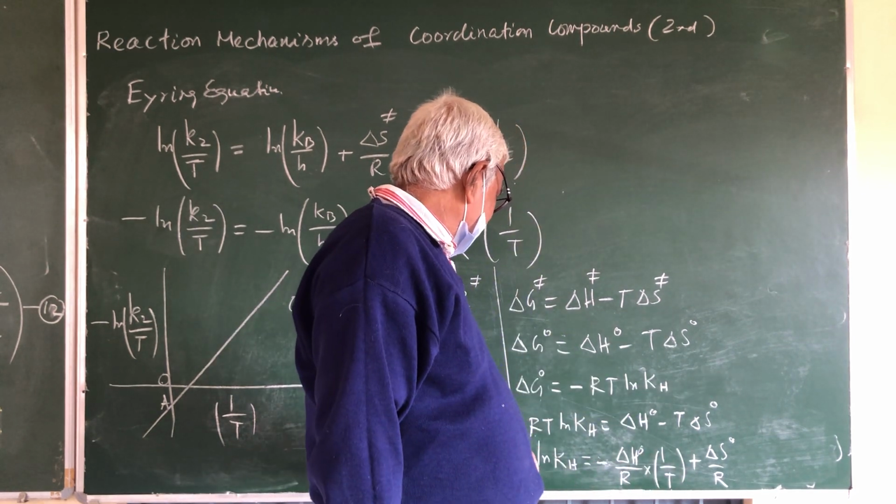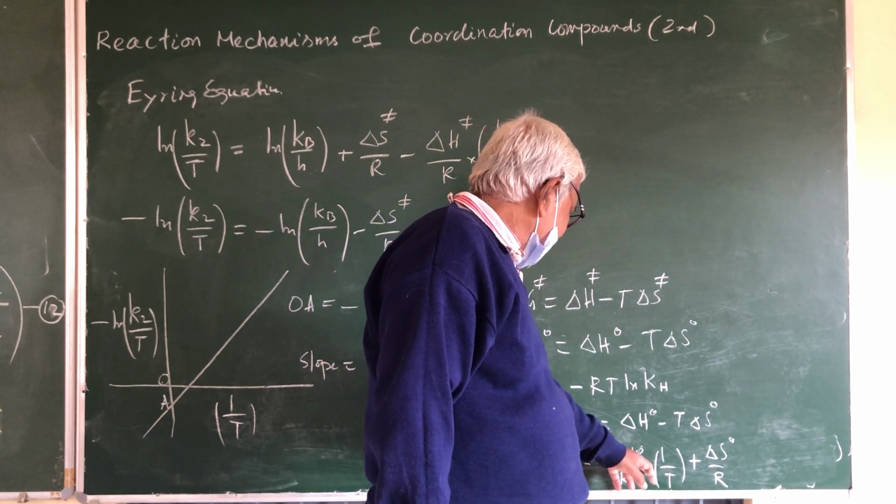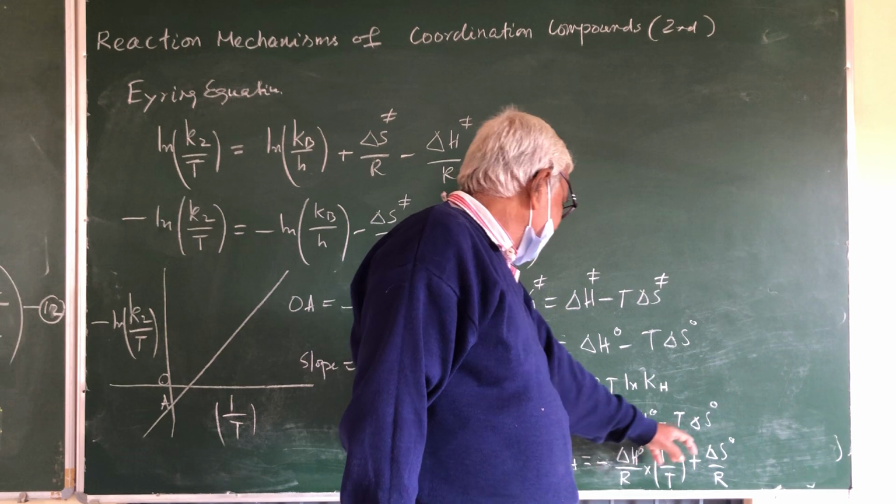So ln Kh is equal to minus delta H0 by R into 1 by T plus delta S0 by R.